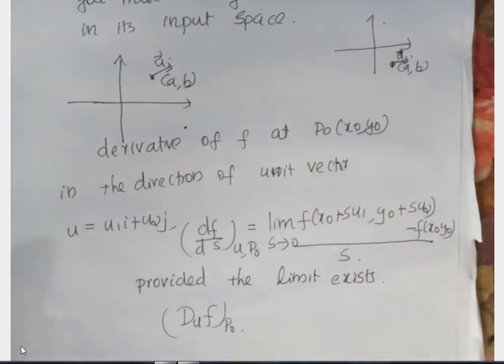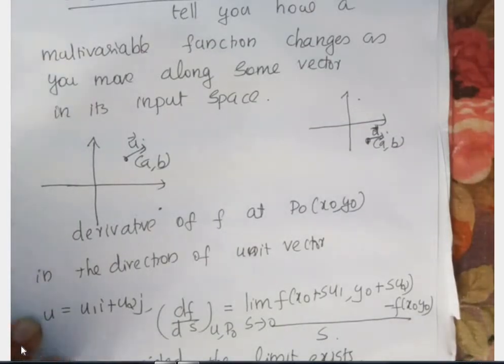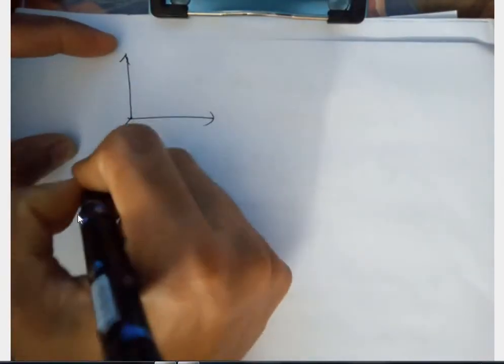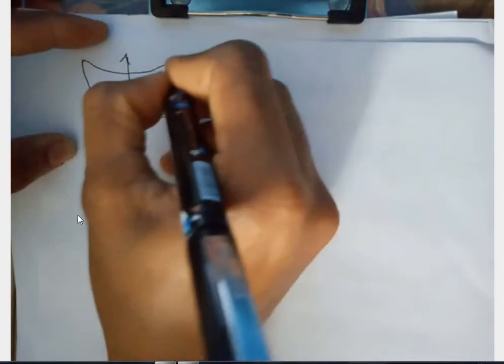I know that you couldn't understand anything about this, so I'm going to explain the geometrical meaning. What is the meaning of this directional derivative? Suppose this is our xyz space and this is any surface, some paraboloid.